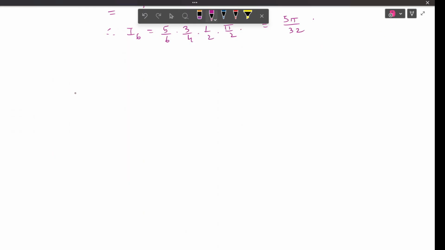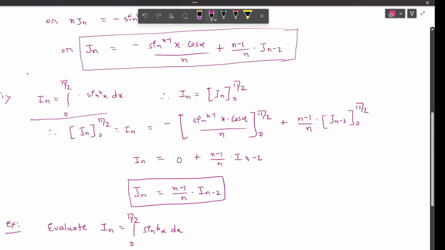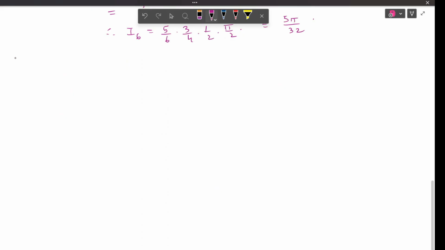So now we are going to see reduction formula for cos to the power nx dx. So this is our number 3 reduction formula, that is integration cos to the power nx dx, and n is greater than 1 and is a positive integer. So let us derive.